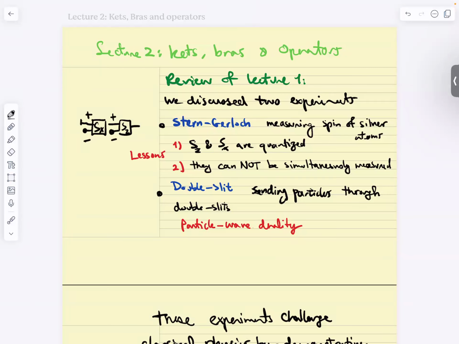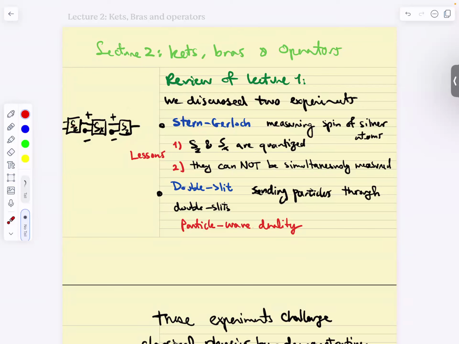And then at this point, you would think that if you could simultaneously measure SZ and SX, this beam that you had here, the select set of atoms that have gone through both of your filters, would be SZ equal plus h bar over 2 and SX equal plus h bar over 2. But we send this through SZ again, and surprisingly, we found sometimes the atoms would come out with SZ minus h bar over 2. So this was very, very surprising.